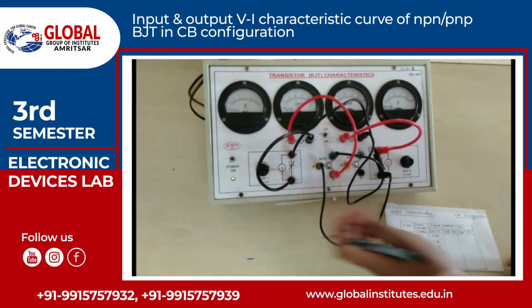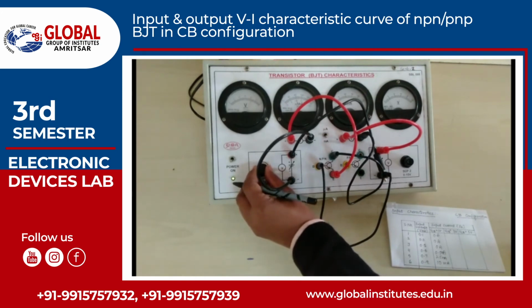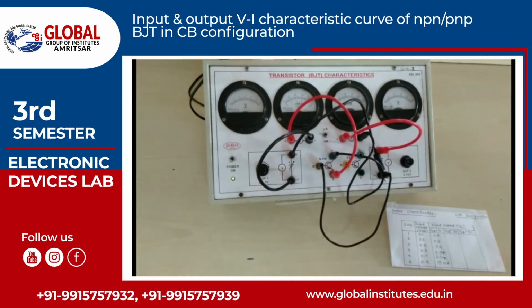You can say that the current will increase sharply, and it is 10 milliampere. These all currents are in milliampere. Now if we further increase this input voltage, current will also sharply increase. Now take the readings for VCB 3 volt and 5 volt and draw the graph of the input characteristics.